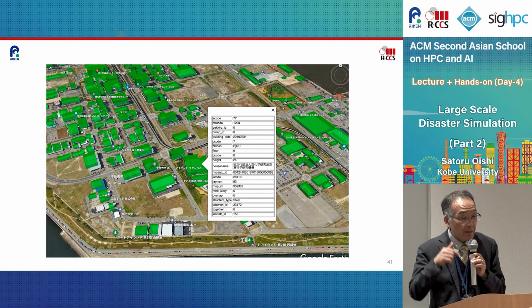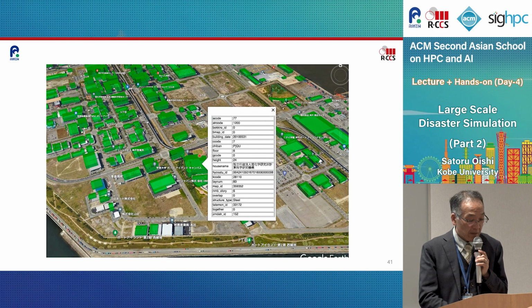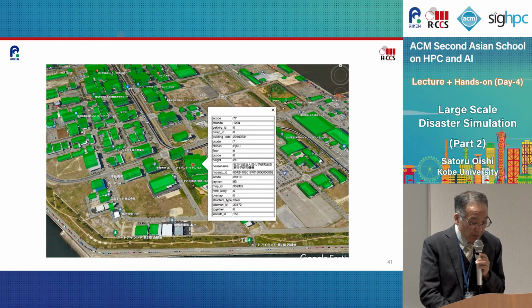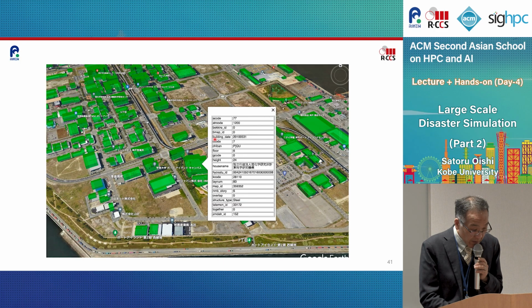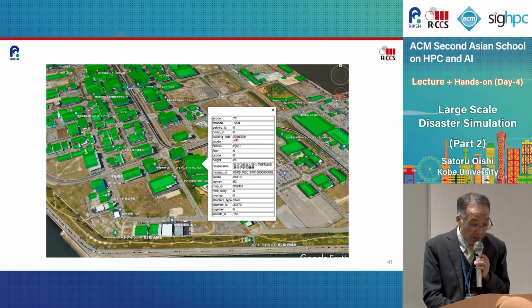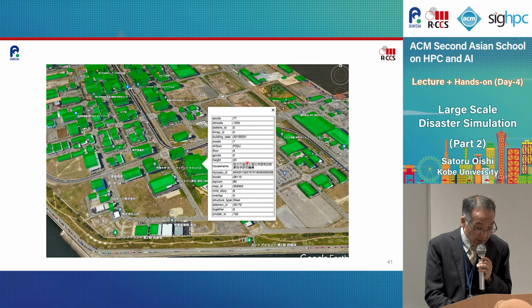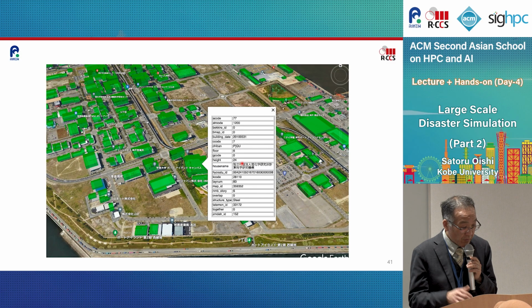This is here, Fugaku. This building was built on May 31st, 2010. It has 6 floors and its height is 24 meters.